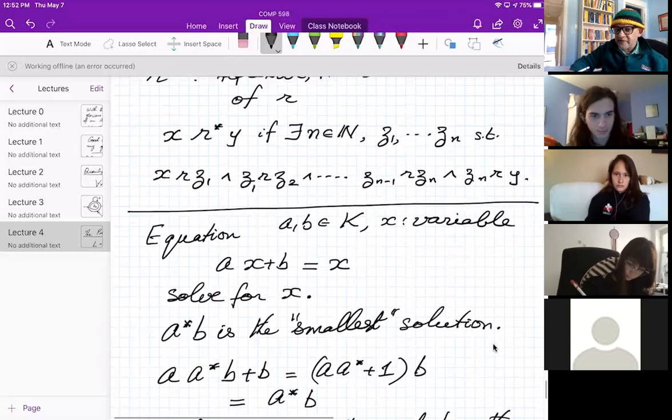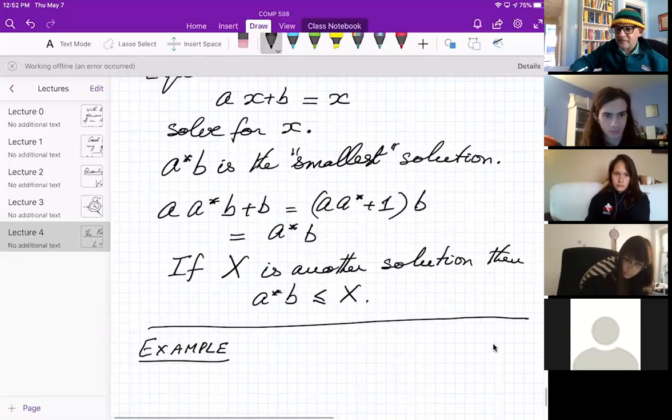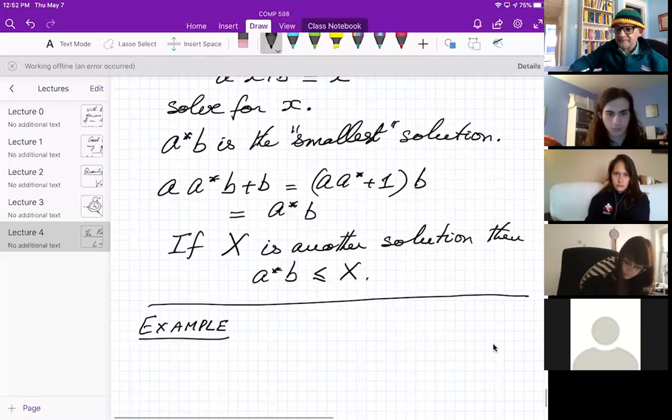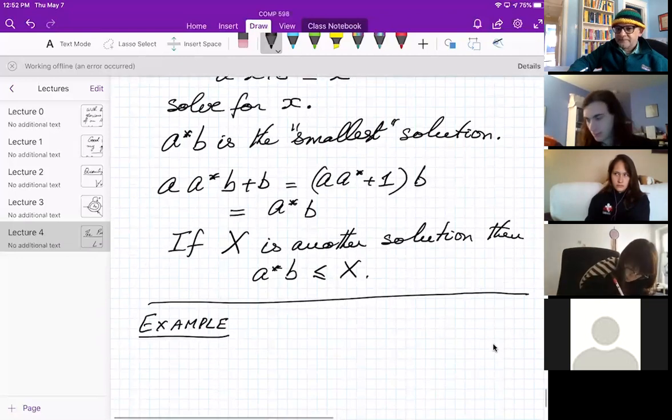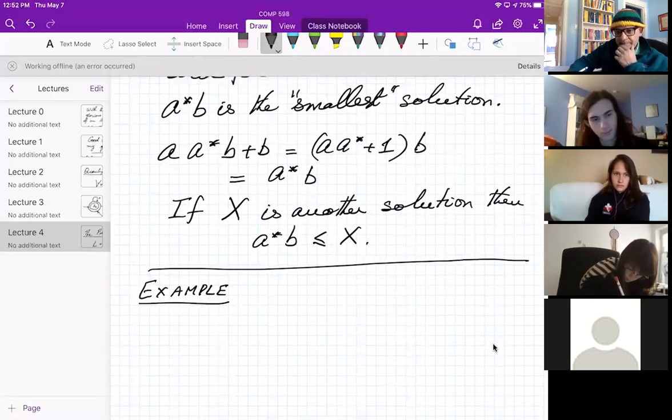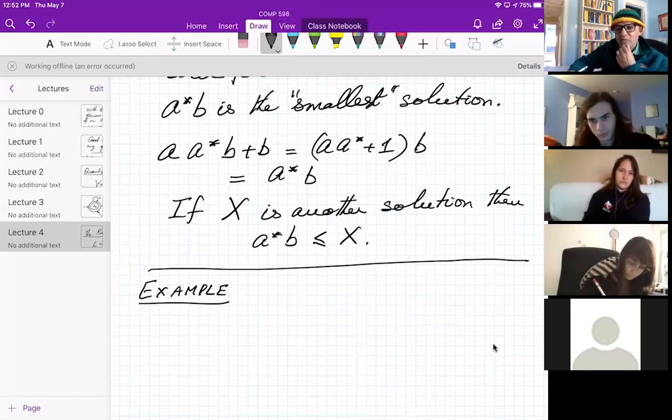So 0 is the identity for plus, 1 is the identity for times, as you're used to from arithmetic. Yeah, so what is 1? I didn't tell you what is 1 in the interpretation of Kleene algebras as regular expressions. So it's the language containing only epsilon.